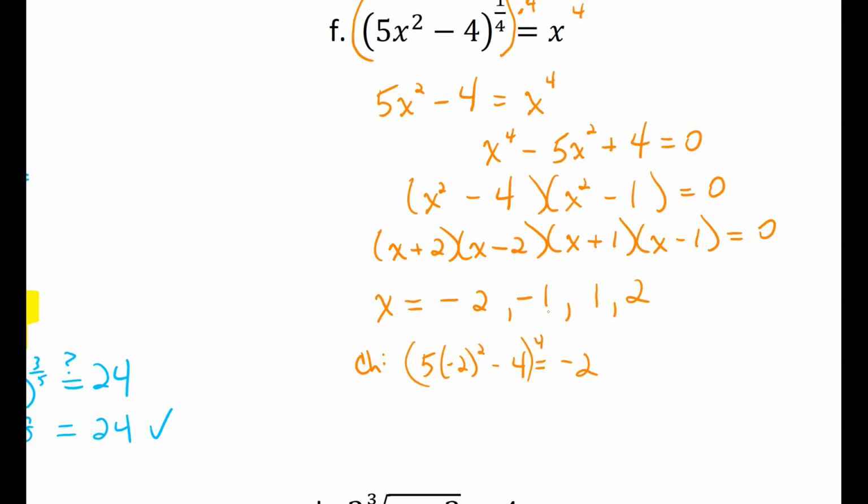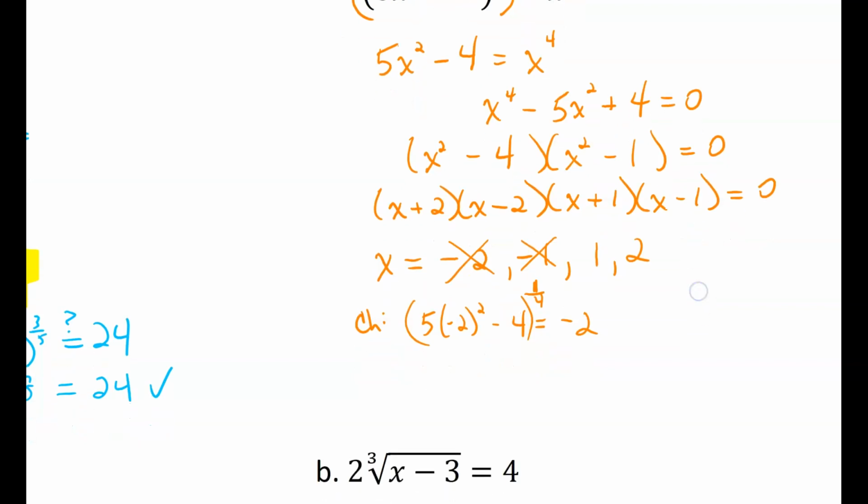So I'm looking at this right away, I just realized I'm supposed to be taking the 4th root, which is an even root, of this binomial, and have it equal a negative value, which does not work. So that means that -2 cannot be a solution. And then, obviously, if -2 can't be a solution, -1 cannot be a solution either.